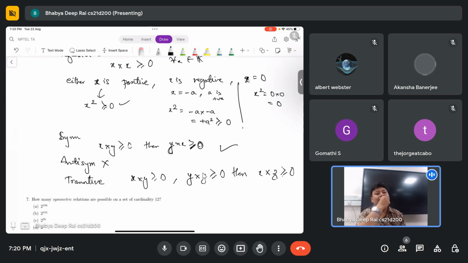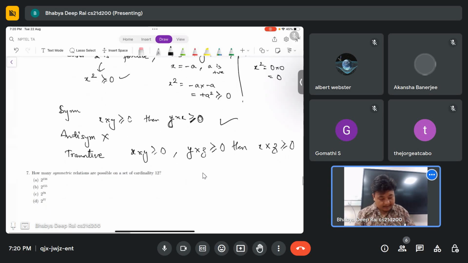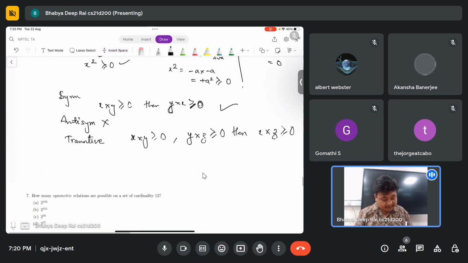Well, what are the combinations that are possible? For it to be greater than or equal to 0, either both are positive or both are negative.